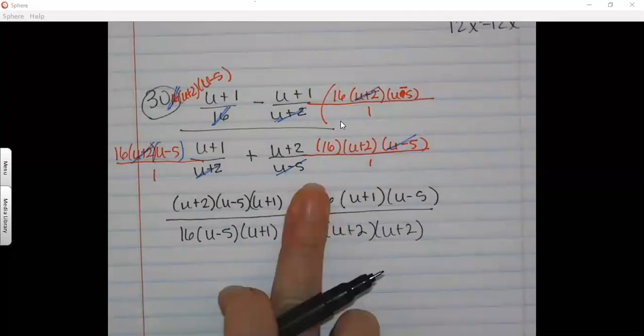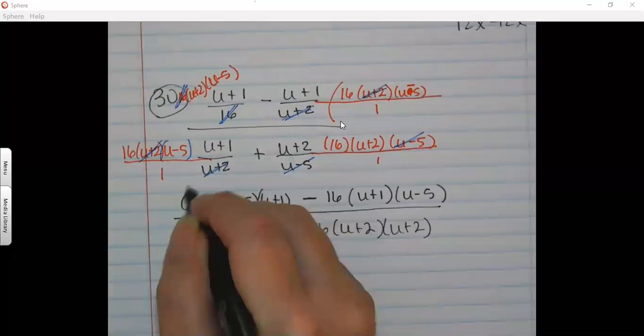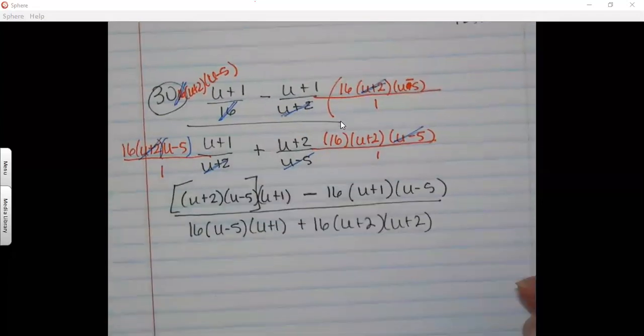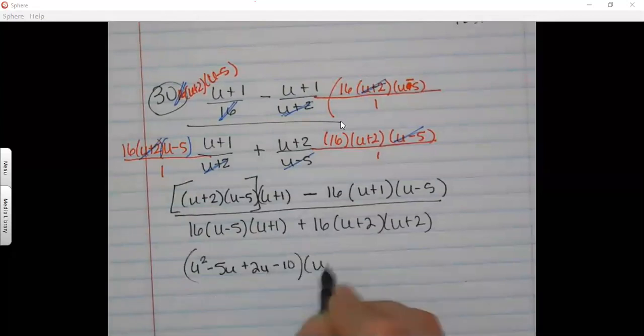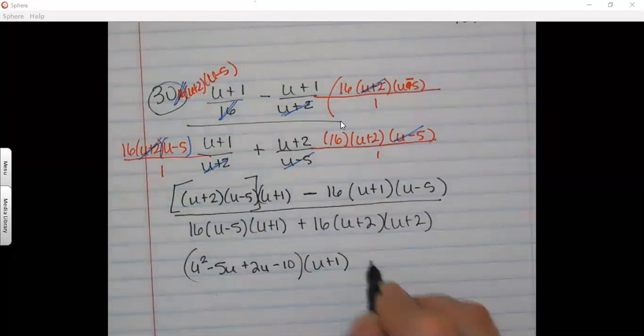So top left, I'm going to multiply u plus 2 and u minus 5 together first, and then I'll distribute into u plus 1. So that's u squared minus 5u plus 2u minus 10. And all of that will have to be multiplied by u plus 1. Minus 16. Again, don't distribute that negative 16 yet.